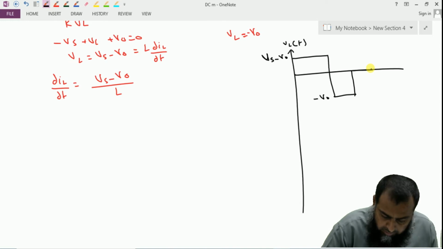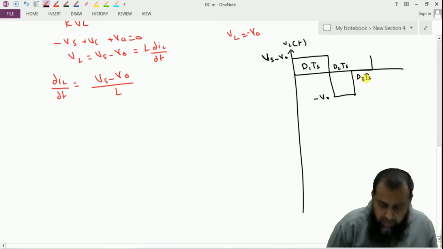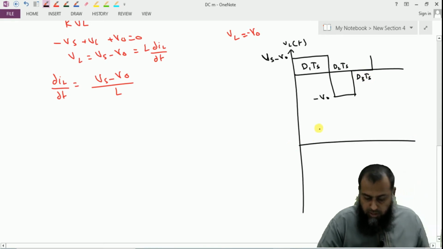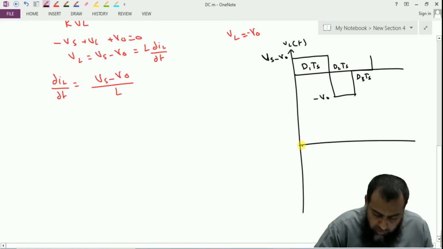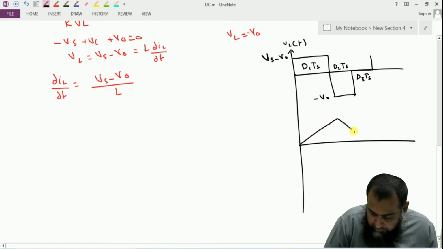So let me say that this is D1 Ts, this duration is D2 Ts, and this particular duration is D3 Ts. Also, if we draw the waveform of the current that flows through the inductor, because it's a discontinuous conduction mode, it will start from 0 and reach some maximum value, and thereafter it will come back to 0.